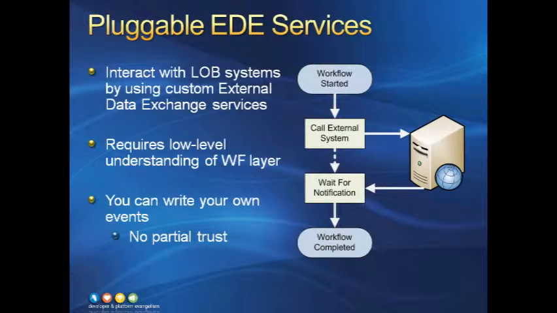It's able to find the correlation information to pull that workflow instance out of the database and resume its execution. So as far as being able to integrate SharePoint with external systems, this is a really nice step forward.